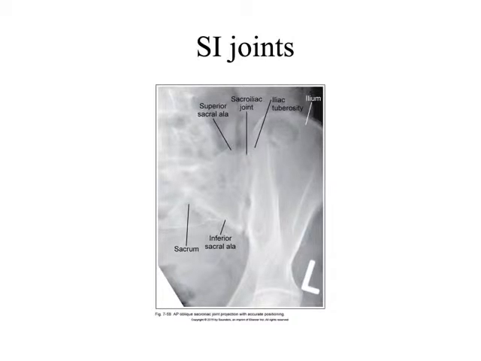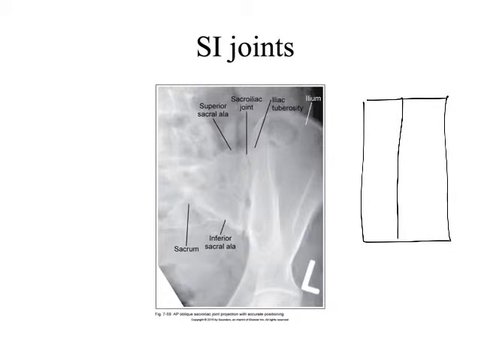So we have an SI joint that is aligned to the long axis of the image and centered, right? So I can even draw that on here if I want to. It's aligned to the long axis and centered.